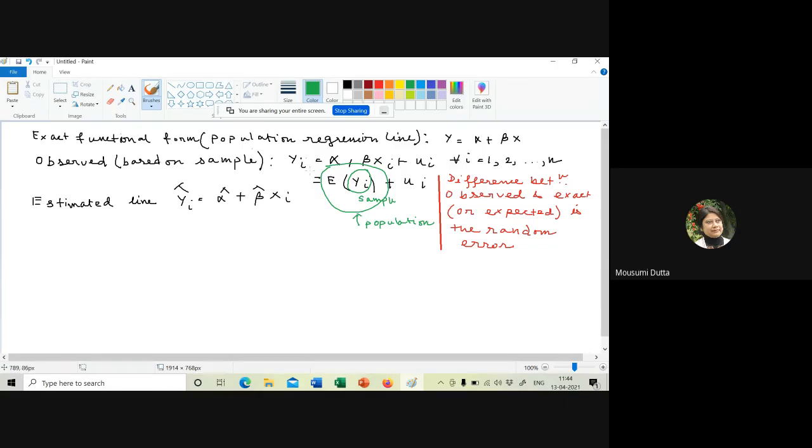Okay, now our objective will be to estimate the demand equation, or estimate the supply equation, or estimate the savings or investment equation or consumption function, etc., after collecting the data. That means I want to find out the estimated demand. Theoretically, I learned all these things.